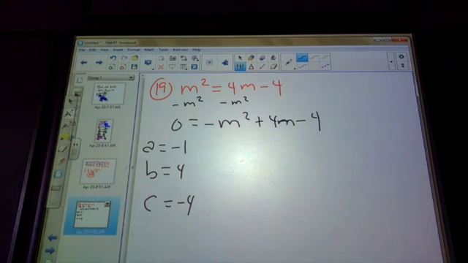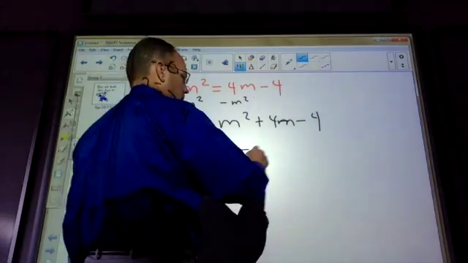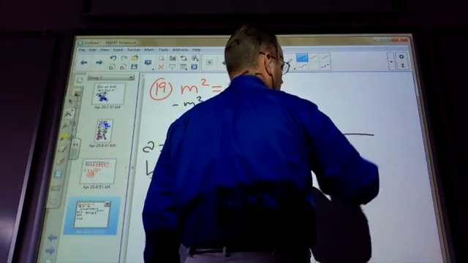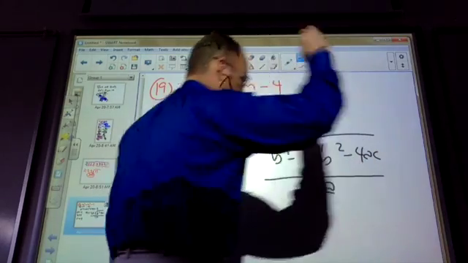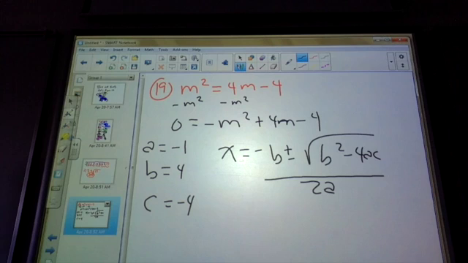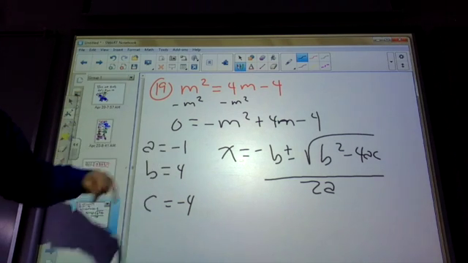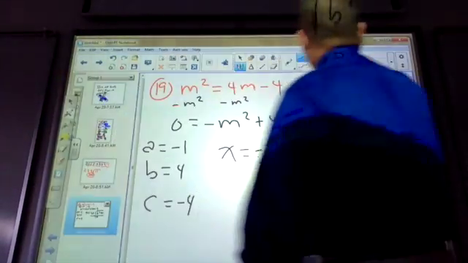And then we know that x is equal to negative b plus or minus square root b squared minus 4ac all over 2a. All right? Anything going to stick out for us? We note that we have a few negatives, so we can't just say no, we're not going to use them.